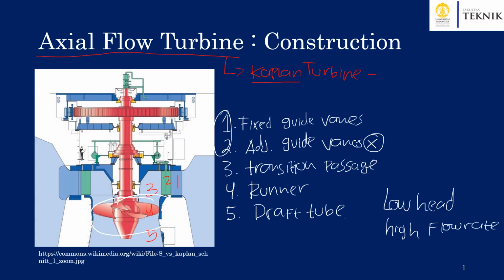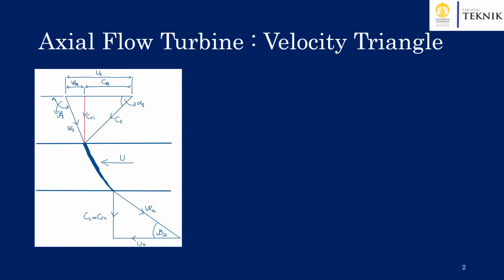And the other thing that we need to remember is that in the common applications of the Kaplan turbine or any axial flow turbines, the number of blades in the runner is normally between 4 and up to 6 blades in one runner. And when analyzing the velocity triangle, normally the velocity triangle is analyzed at the mean radius of the runner.